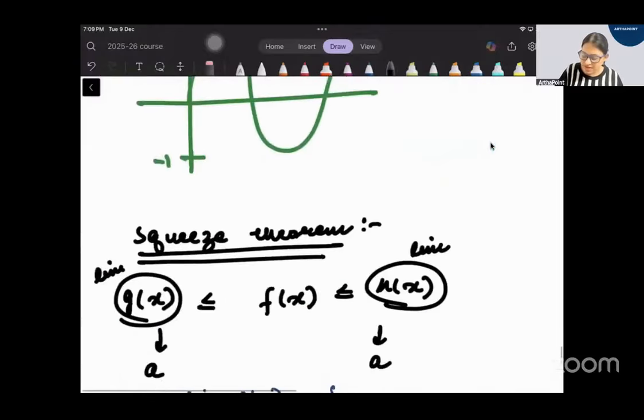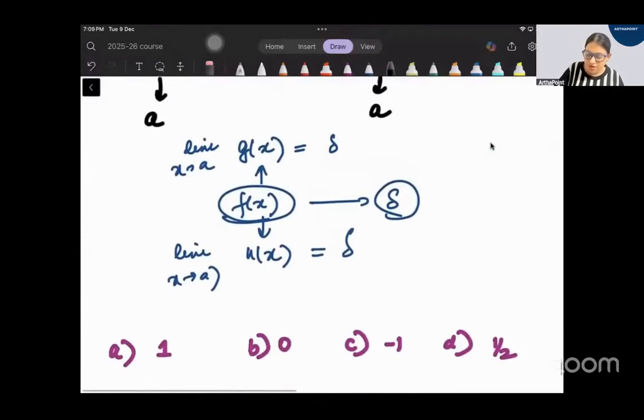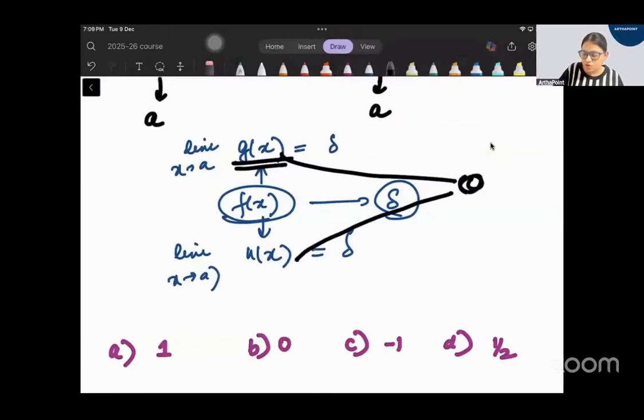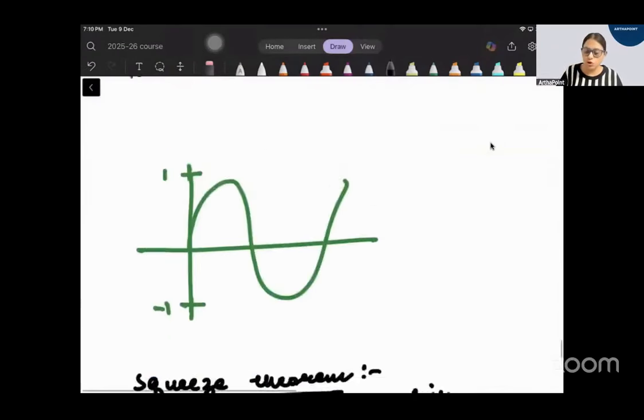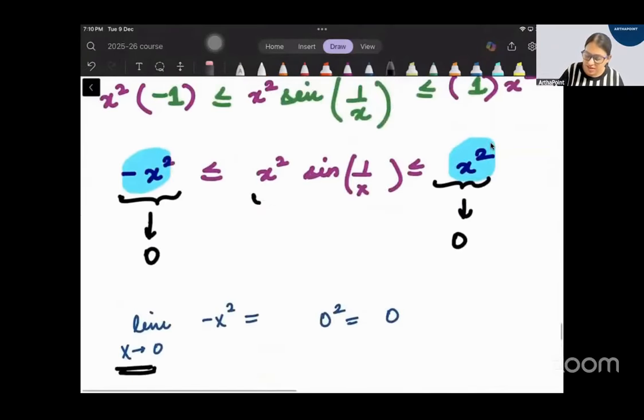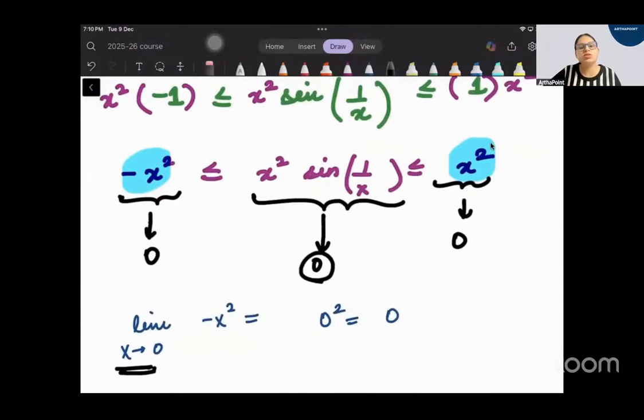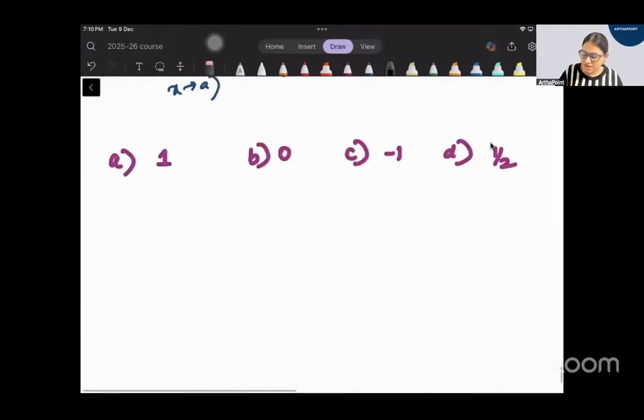So g(x) is approaching 0, and h(x), the extreme sides, is also approaching 0. So the function in between, which is squeezed, must also approach 0. Therefore we can say that this x square sine 1 by x will also approach 0. All of you are right if you said that the answer will be B.